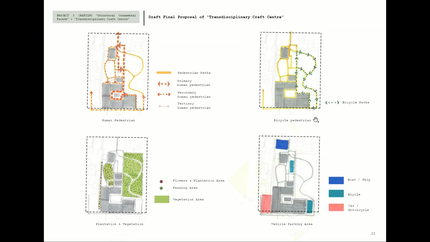For bicycle pedestrians, the path surrounds the farming area so people can enjoy the greenery scenic bike ride at this area, and then it shows the position of the plantation area. For vehicle parking, the blue highlighted part is for the boat dock area, green for bicycle parking near the bicycle pathway here, and red for car and motorcycle parking near the housing area.